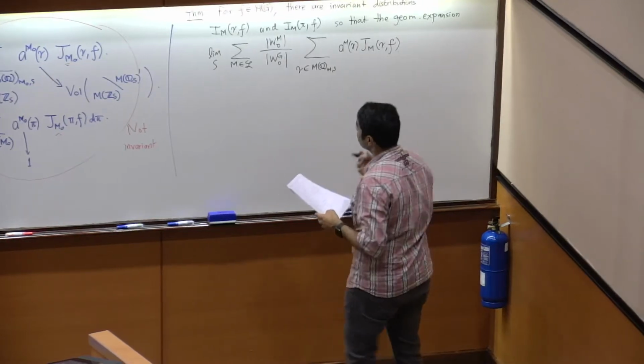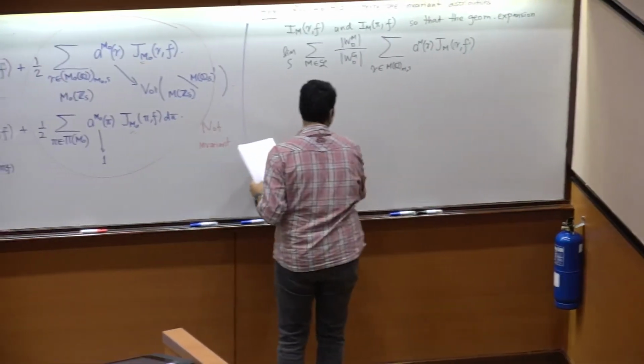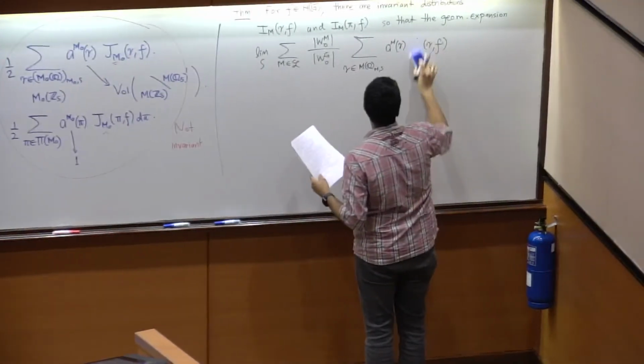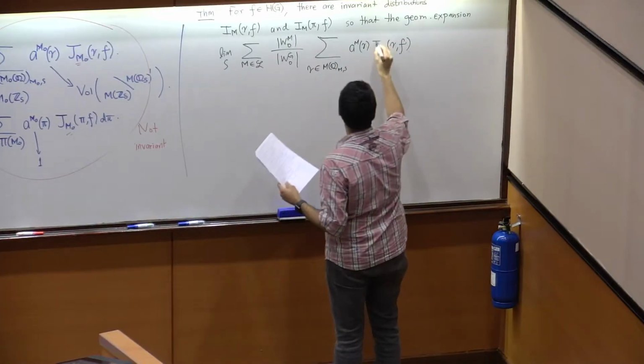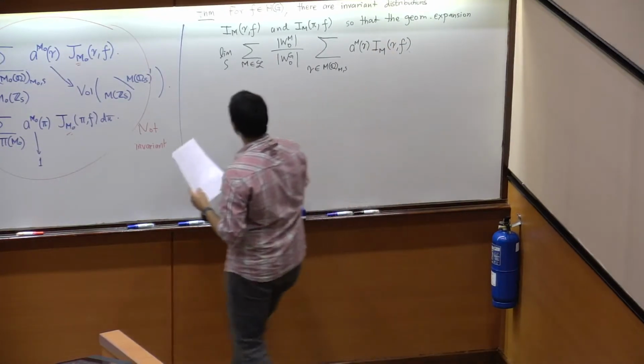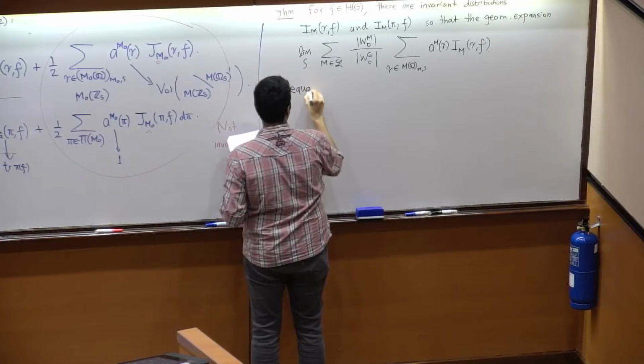So this equals the spectral expansion. Oh, sorry, not J, I. I_M(f) equals the spectral expansion.